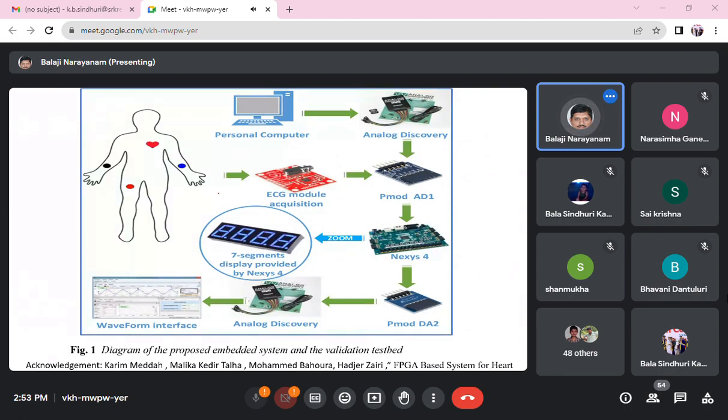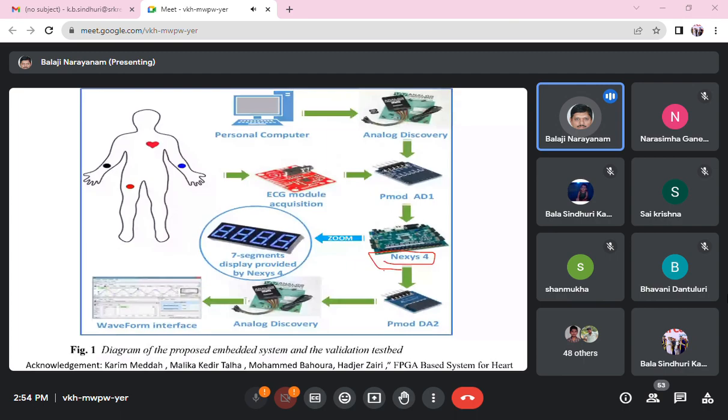There is an ECG signal which was acquired, and then from the ECG module, the acquired ECG signal is given to an analog to digital converter, and then to an FPGA, where the authors have taken a Nexys 4 FPGA board.